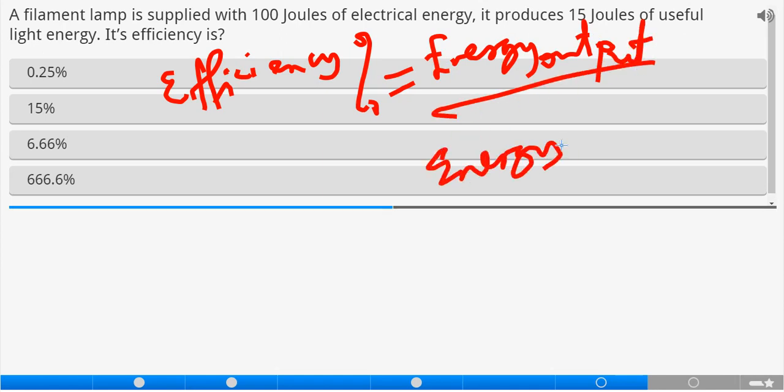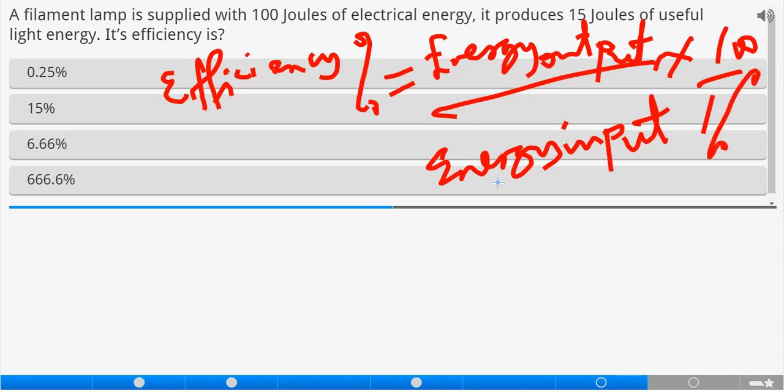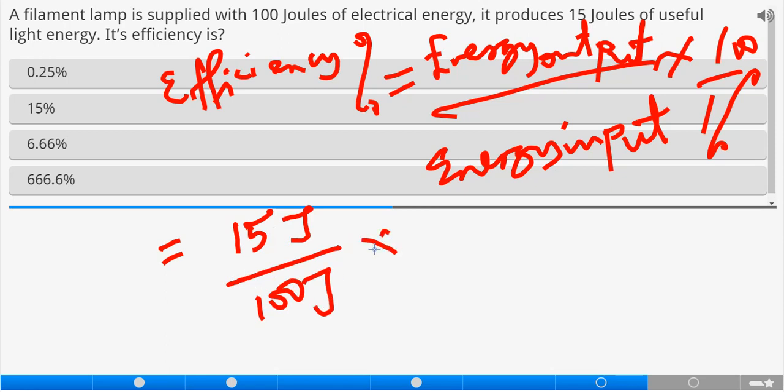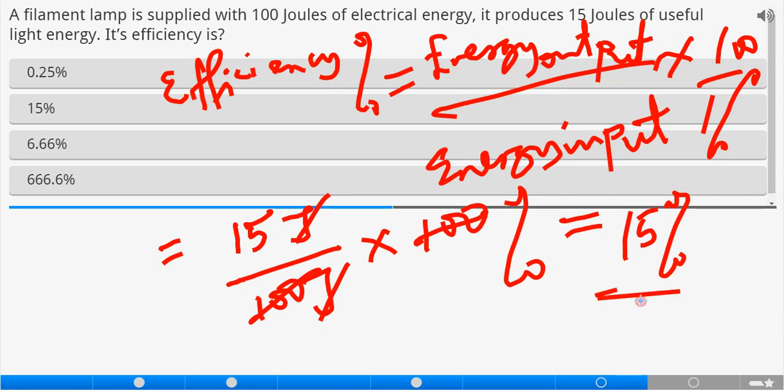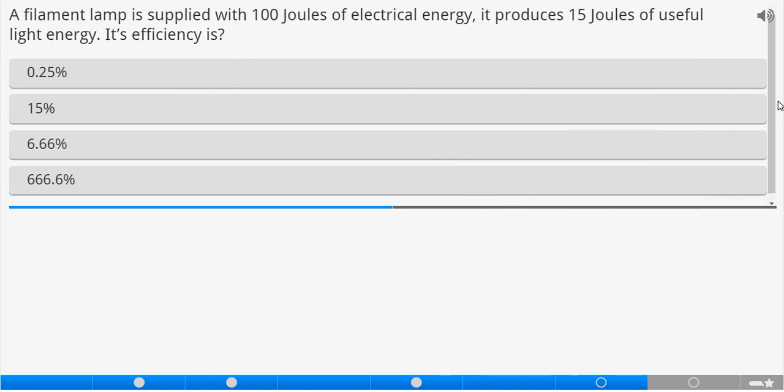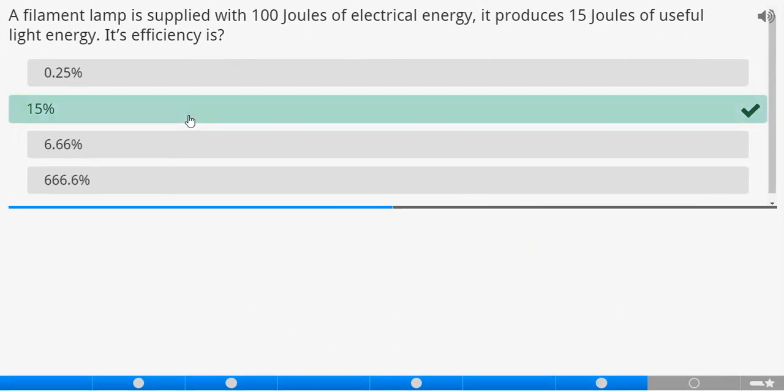Energy input, multiplied by 100 over 1. Then you put your percentage there. So with this, we have 15 joules, all divided by 100 joules, multiplied by what? 100%. We cancel joules, and 100 cancels 100. So we have 15%. Do we have it as part of our options? Let's pick it and check. That is correct.